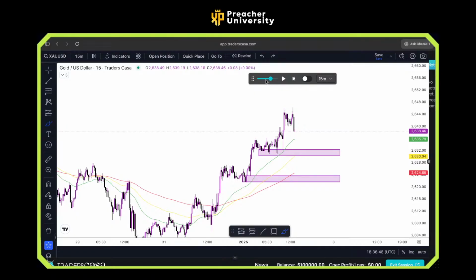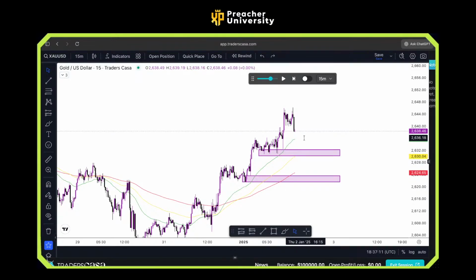So here already, from a market structure point, we are seeing the market being bullish. But then from the EMA's point as well, we see that the 50 is greater than the 100 and greater than the 200, which indicates that the market is bullish. So what do you want to do?